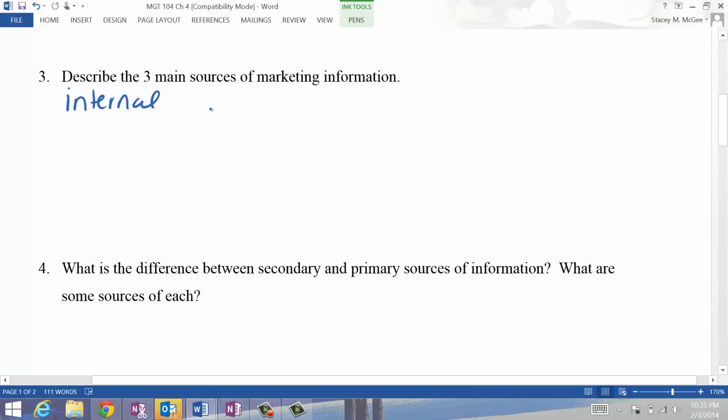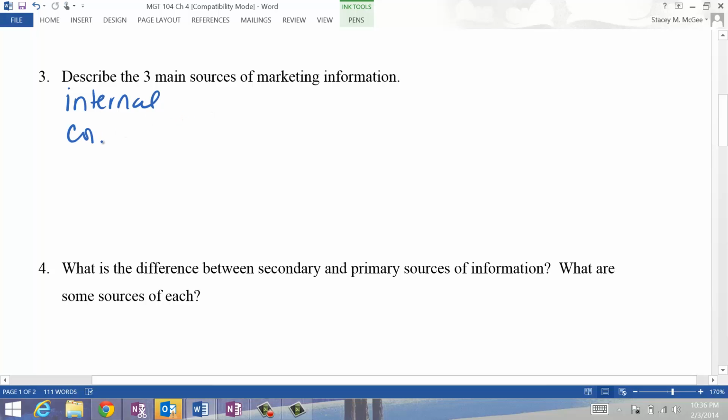So this could be sales information, it could be information from accounting, so anything that already exists internally. A lot of times we have what we need there. Our sales falling in one geographic area as opposed to another. Our sales of one product differing from another product. Our cost of one product going up versus another product. So this is stuff that already exists.